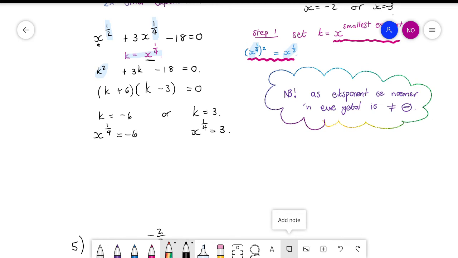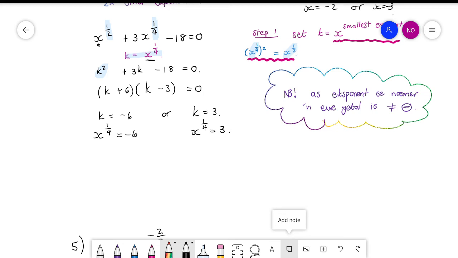So basically we just use the k to help us factorize. Want dis moeilik om te faktoriseer as daai breuke is. Do you agree? It's difficult to factorize a trinomial if the exponents are fractions. So we use k to overcome that, but now we need to get rid of k again.